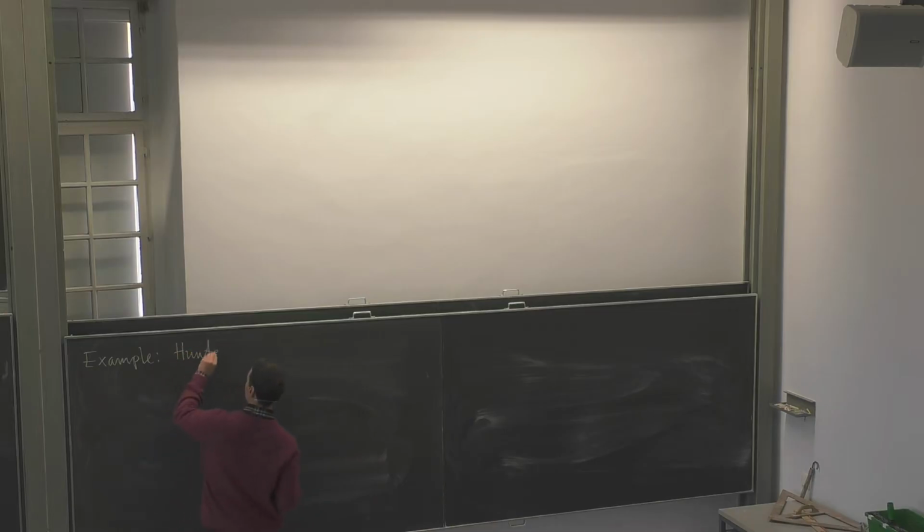This was a model formulated, I suppose, by Hunter and Saxton. I think it describes some director field. I don't know the original. But I do know about the geometry of this model because it's very, very beautiful. And in fact, it has even more geometry than this, and it's connected to Fisher-Rao, as we will see. But for now, let's just think of this in terms of the Euler-Arnold equation. So what is the group?